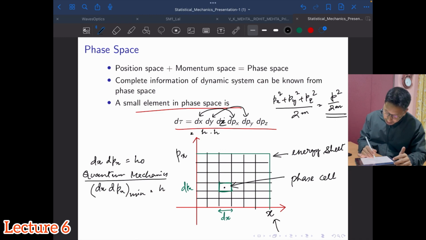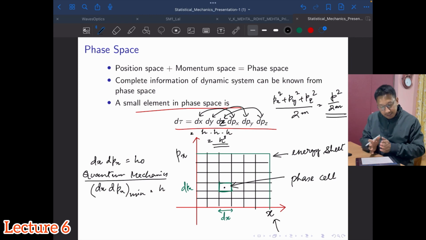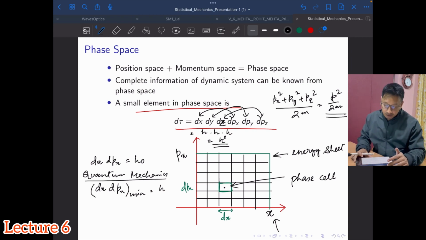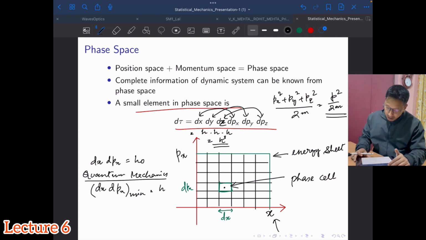So dz and dpz will give you another h. So the smallest element in the phase space which you can consider is actually h cubed. This is the minimum size of the phase cell. Phase cells are the smallest compartments or partitions that I have made in this phase space. Here I have drawn only one energy sheet, just as a representation of the entire phase space.